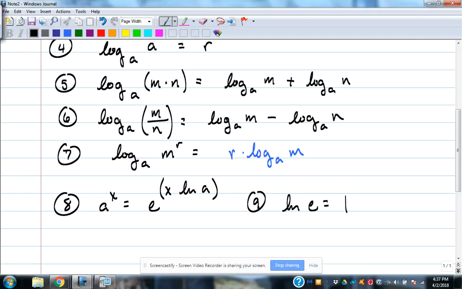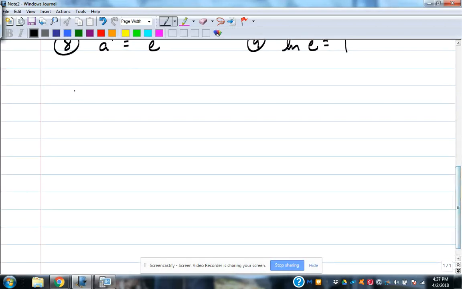So what we're going to do here is take some logarithms and expand first, get them separated by using these properties, and then condense, or write them as a single logarithm. That's our job for this section. So let's expand.